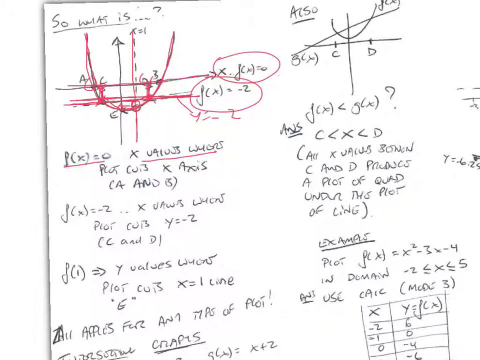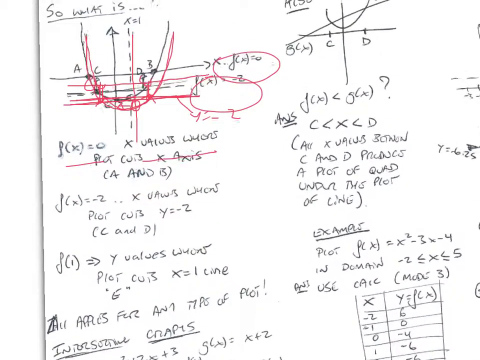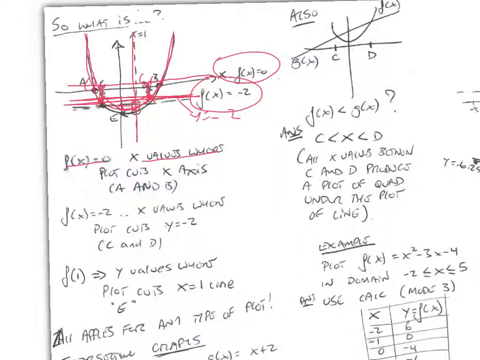Or you might be asked to find f of 1. F of 1 is actually the x equals 1 line, and we see where it cuts here, and that's at E. Cuts the y-axis at E if we bring the line across. Okay, and this method applies for any type of plot of a graph or function.